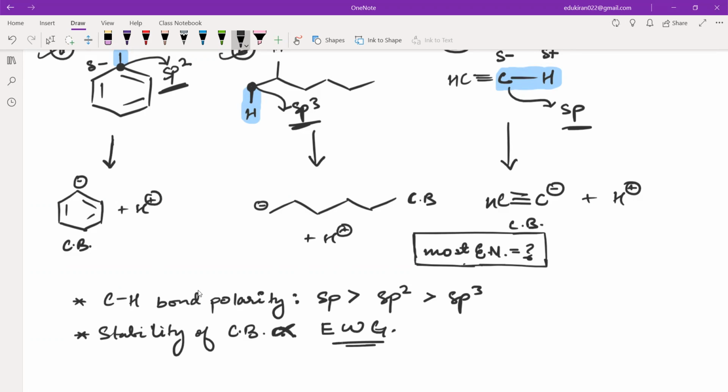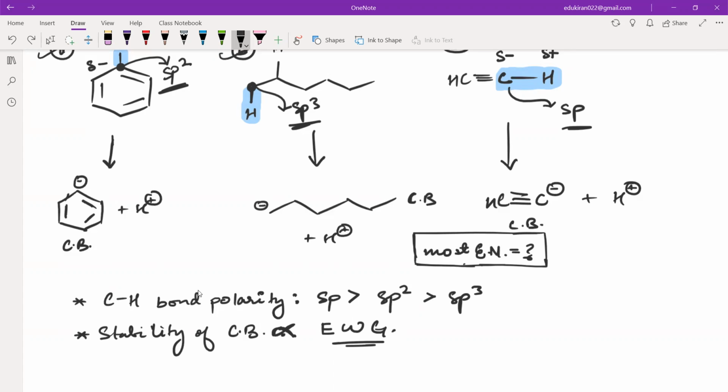Why? Because if I have this conjugate base, it will have a negative charge, and if there is any electron withdrawing group, then effectively that negative charge can be stabilized, right? The density of this negative charge will be decreased, because the electron withdrawing group will be pulling the electrons, thereby decreasing the density of charge here, right?